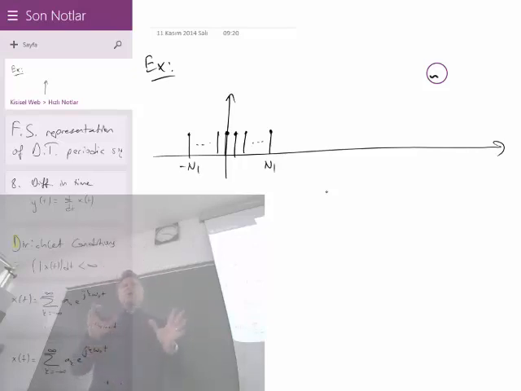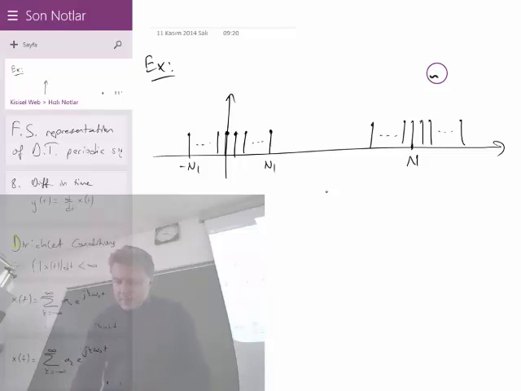Notice that this N1 is not the period, it is just the width of the rectangular box, and then with a period it is repeating itself. The same thing happens here as well, and this point, the center of the next box, is at capital N, it's not N1.